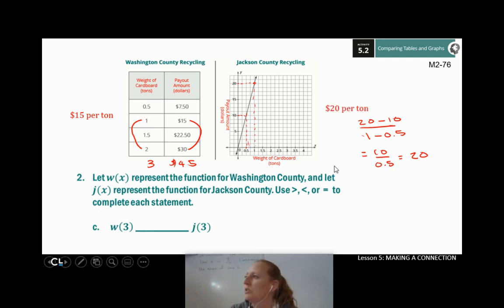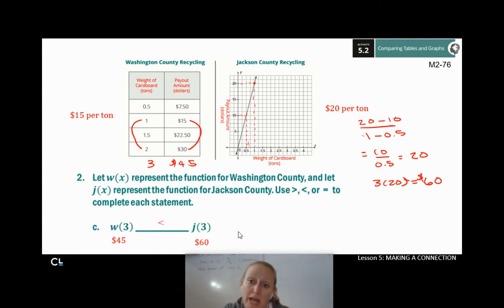Oh, so this one's $20 per ton. So if I do 3 tons, 3 times 20 is going to give me $60, isn't it? So W of 3 is $45, but J of 3 is $60. So again, Washington County, you've fallen behind.